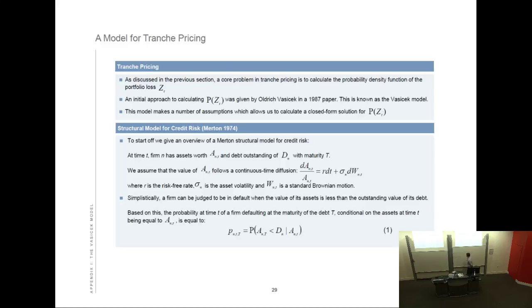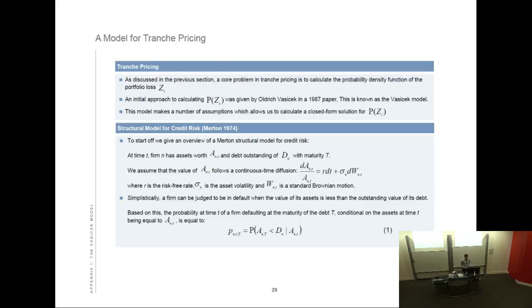Remember, the big challenge is to come up with a way to model the distribution of the portfolio loss of any basket, if we're given its expected loss. So we're given its expected loss from the underlying spreads, but we need to come up with some distribution so that we can then integrate the payoff of the tranche over that distribution.